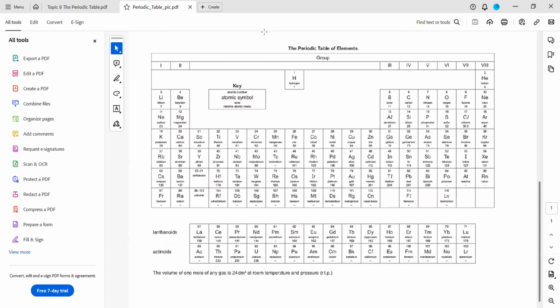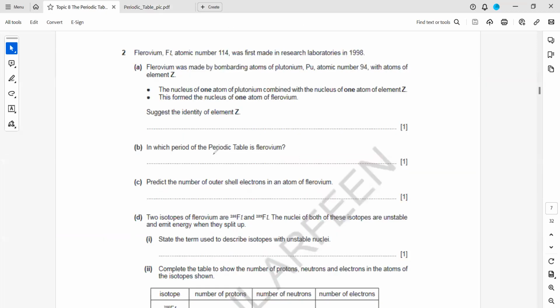This is period 1, period 2, period 3, 4, 5, 6, and 7 periods are there. Lanthanide and actinide series are separate. So you can see 114 here. Which period does it belong to? It belongs to the 7th period.